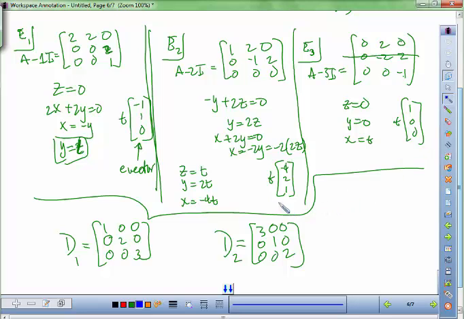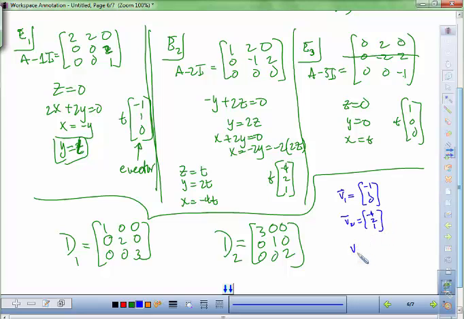Let's call V1 the eigenvector for the eigenvalue of 1. We got that to be negative 1, 1, 0. V2 is negative 4, 2, 1. And V3 is equal to 1, 0, 0.